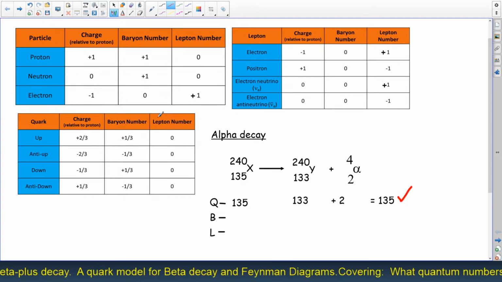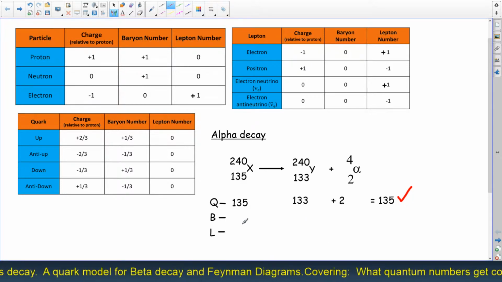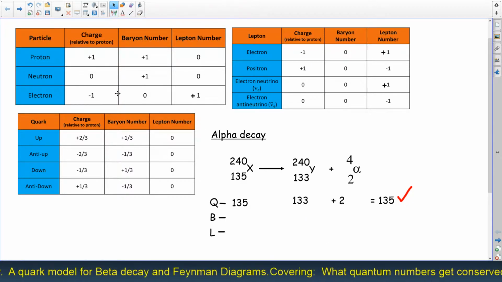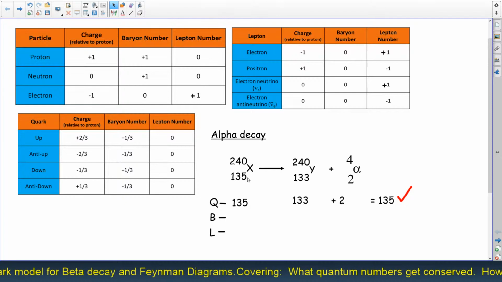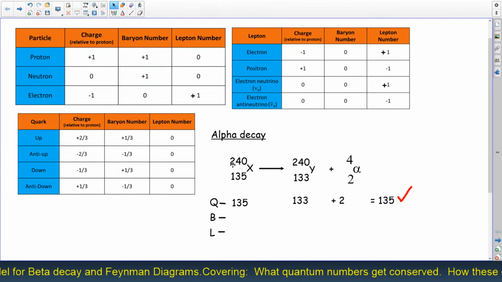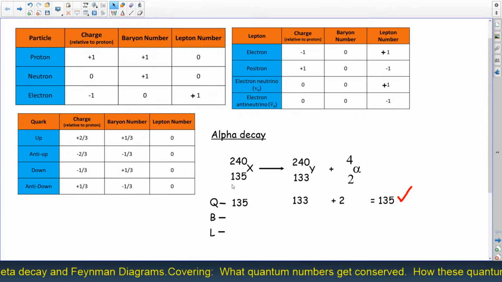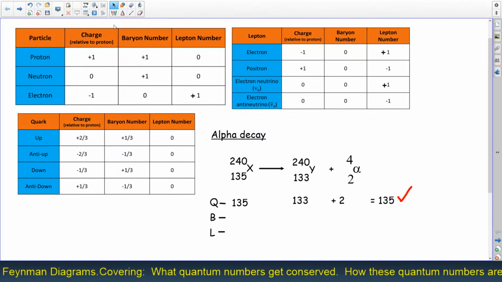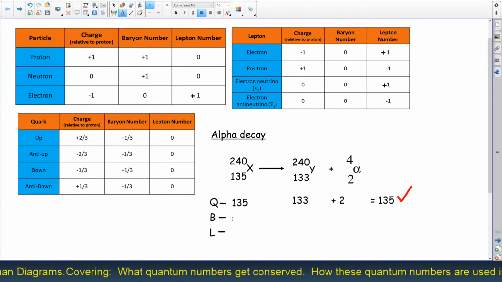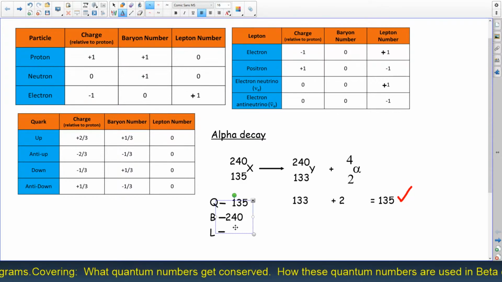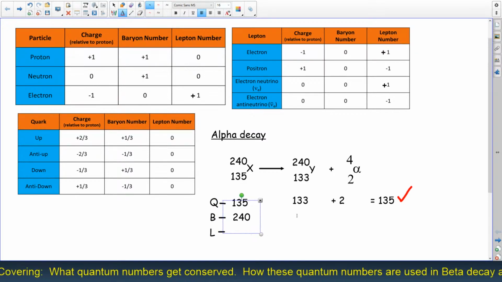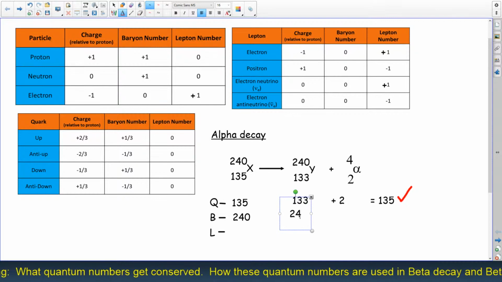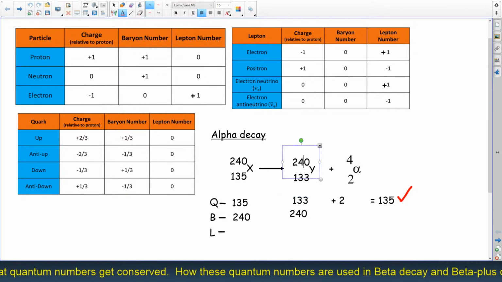Good news. Baryon number, we've got to take a look at how many baryons there are. Well, there's 135 protons, there's 105 neutrons. We can do that with the difference of the two. Each of those has a baryon number of +1, so we can just take the mass number. So the baryon number here is 240. That's grand. The baryon number here, why did I not change that earlier?